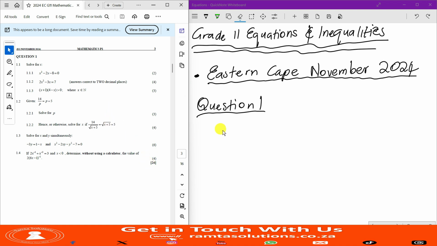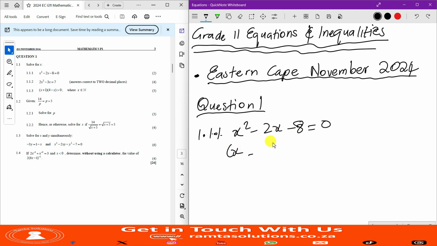But let's see. Question 1.1, solve for x. 1.1.1, given x squared minus 2x minus 8 equals 0. So we will say (x minus, leave a space)(x minus, leave a space) equals 0.